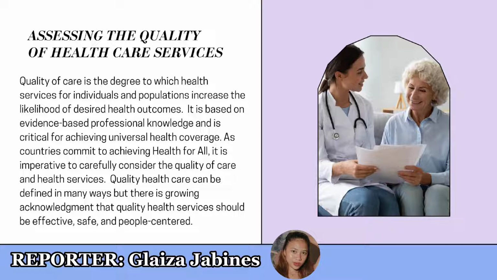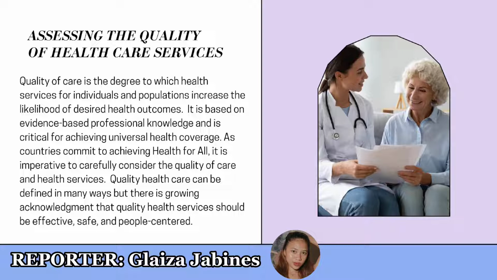It's either they are privileged or less privileged. So, quality healthcare can be defined in many ways, but there is growing acknowledgement that quality health service should be effective, safe and people-centered. Di ba?